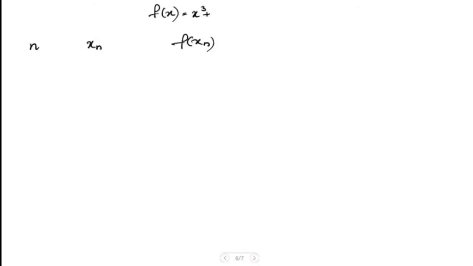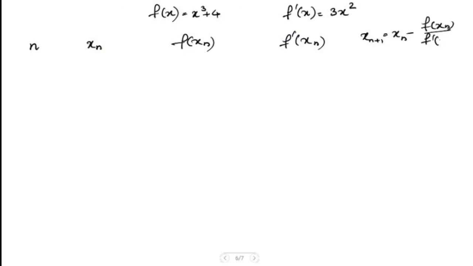Then we have f dash of xn, and the derivative of the function is 3x squared. And finally we will use Newton's formula, that's x(n+1) is equal to xn minus f of xn divided by f derivative of xn.